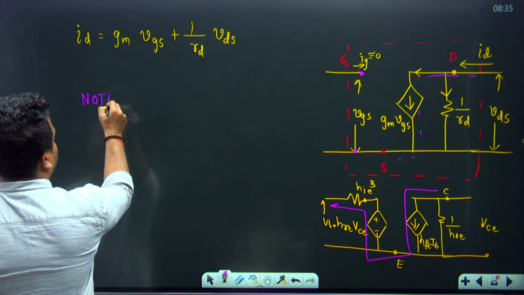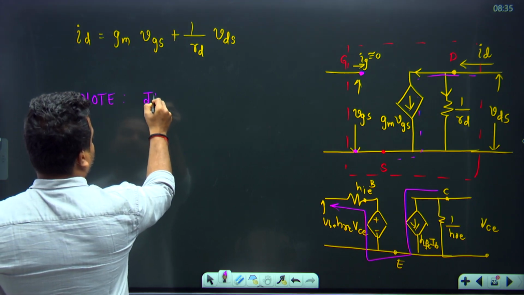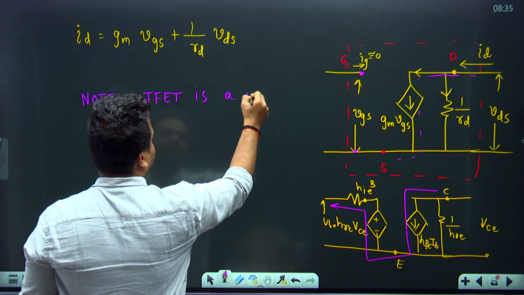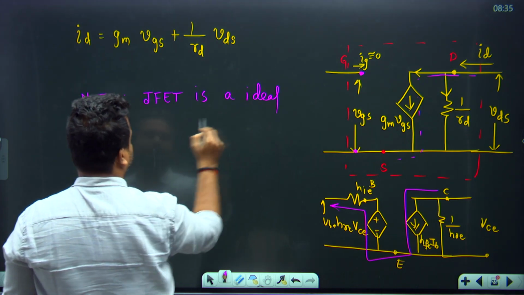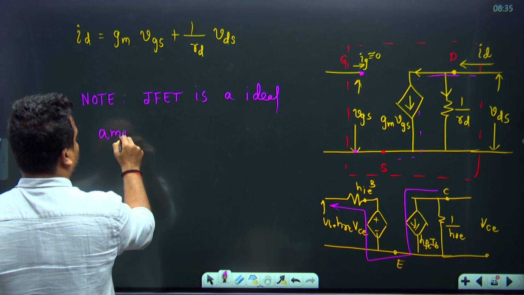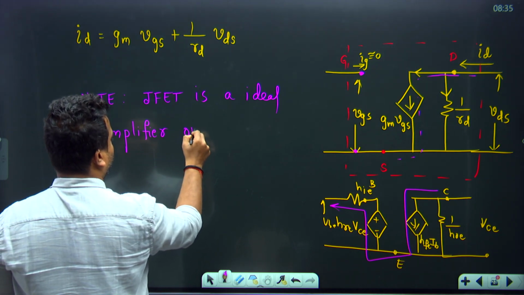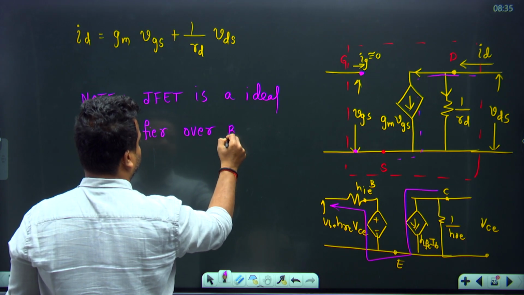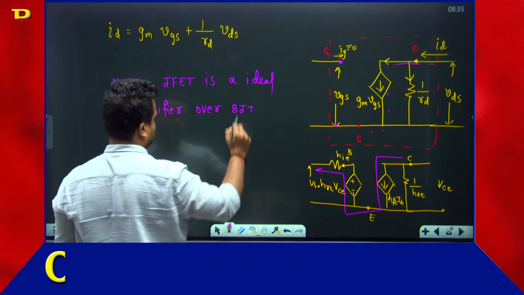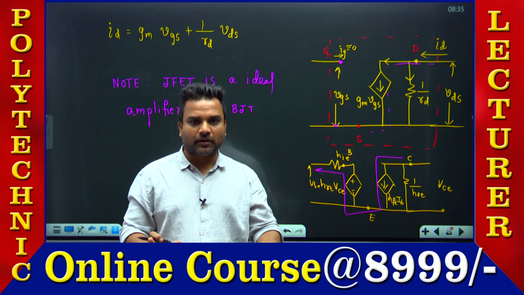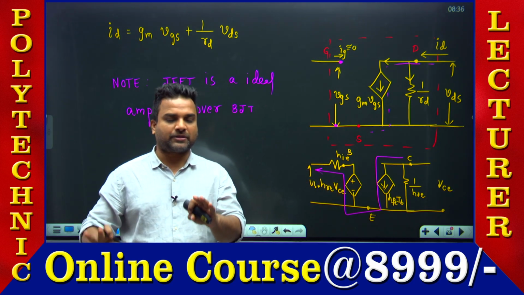Note, JFET is an ideal amplifier over BJT amplifier. This is the importance with respect to the JFET parameters.